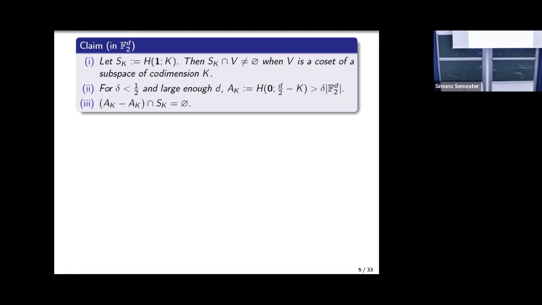And (3) the difference set, AK minus AK, is disjoint from this Hamming ball around 1.